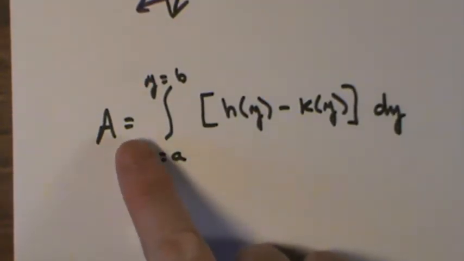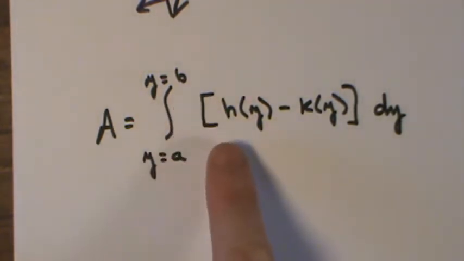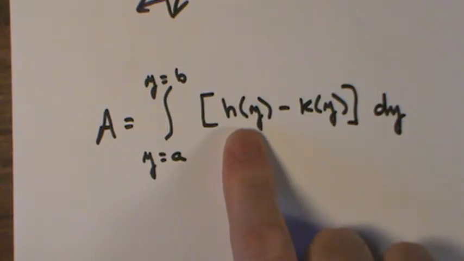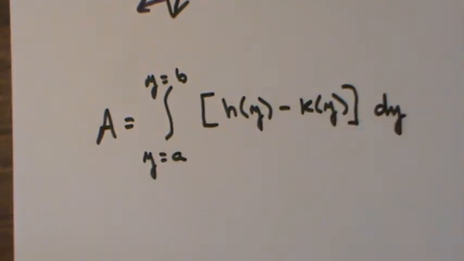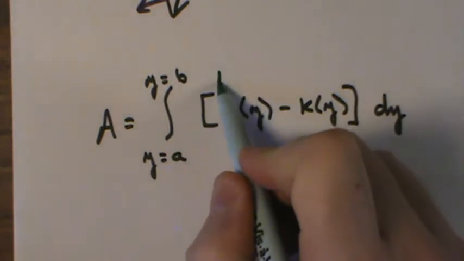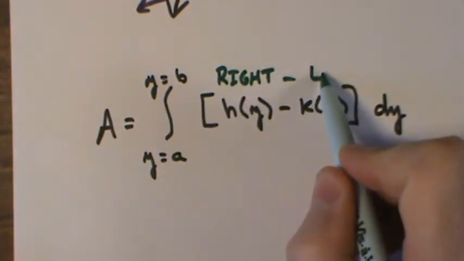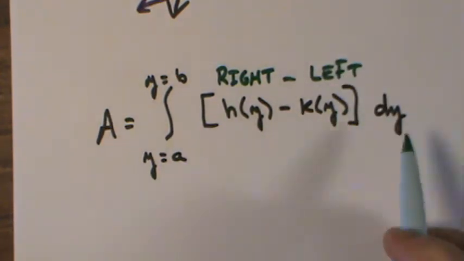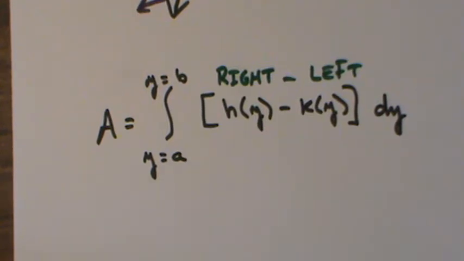Your area is equal to the integral from y equals a to y equals b of, now I just called these different functions here, h of y minus k of y dy. Basically, that is telling you to go your rightmost function minus your leftmost function with respect to y. So that means that your slicing will be horizontal.